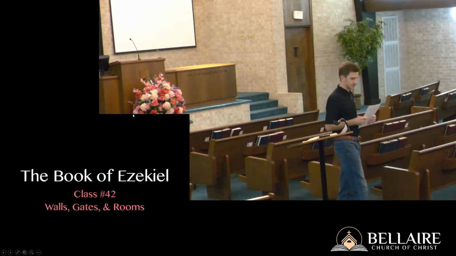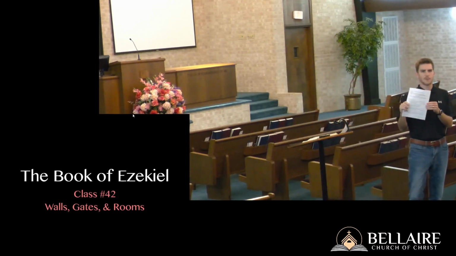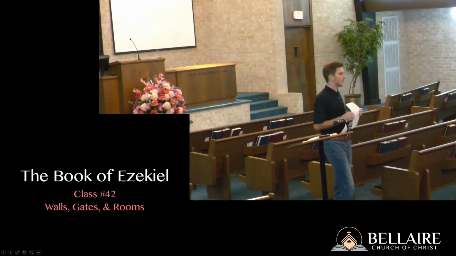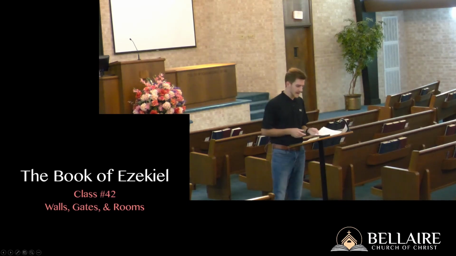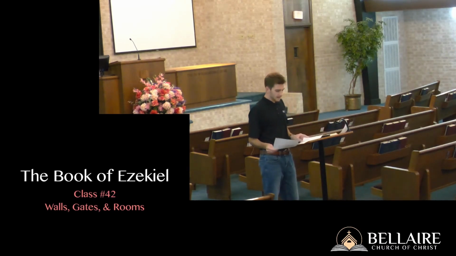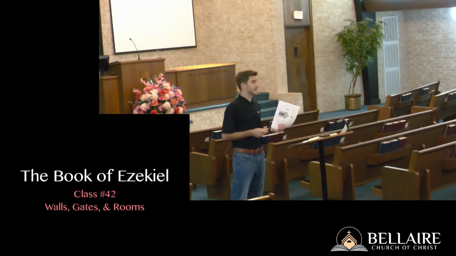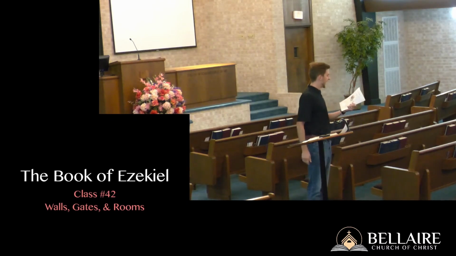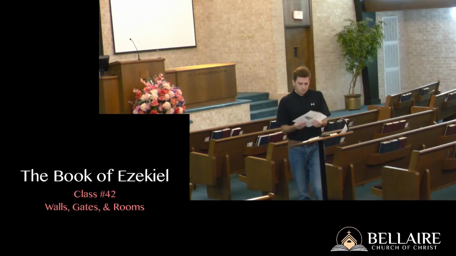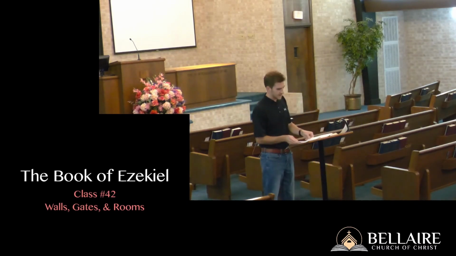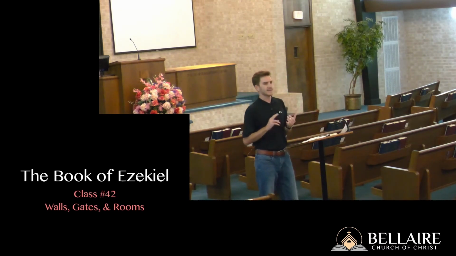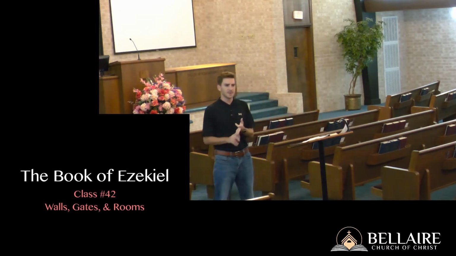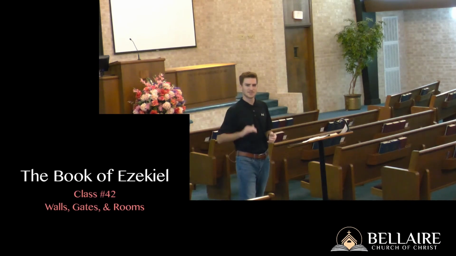One is just your normal handout for class number 42 that you can use to follow along tonight. Again, those are also found on our website under media and Bible class material. And then for tonight, and I think it will come in useful the next several classes, is a diagram. When you scan it, print it, and copy it, the quality just gets worse and worse.